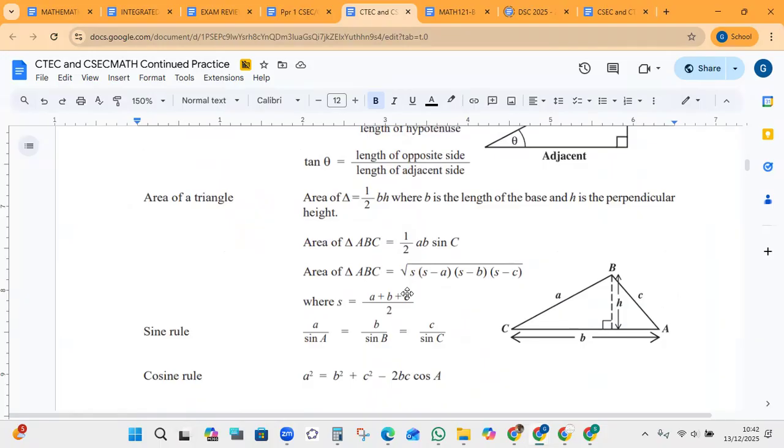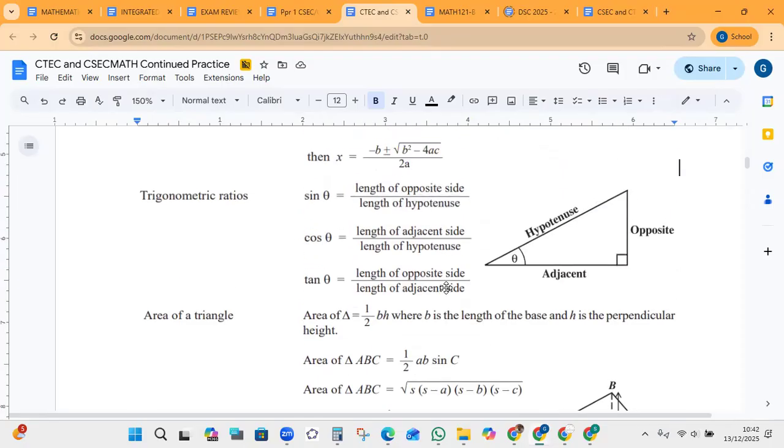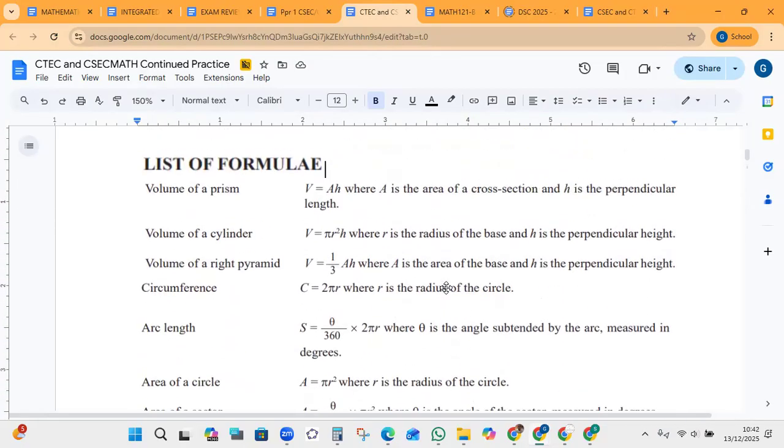So that's why it's a good idea to have this list of formulas printed, have it with you as much as possible, to know all the formulas, understand them in this list, because that's going to be one of your best friends in the exam. But you must also have another list that you need to know off your head.